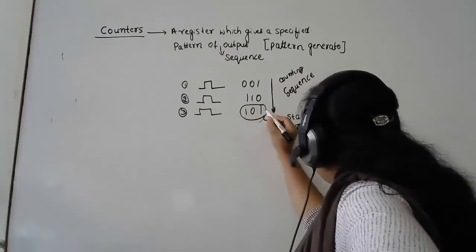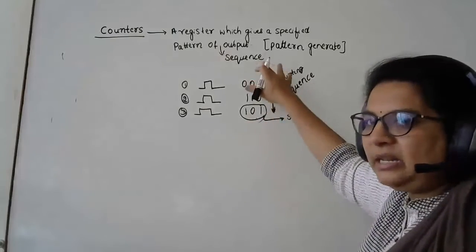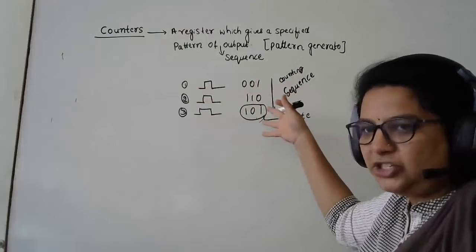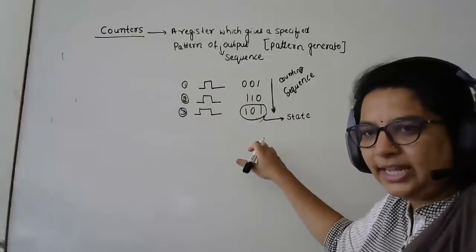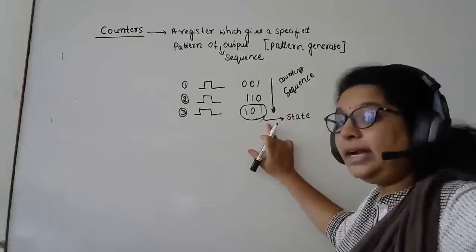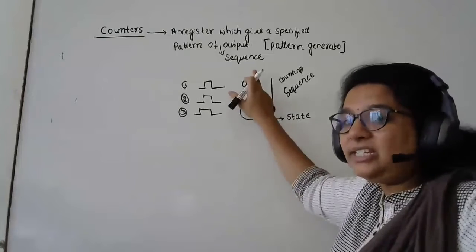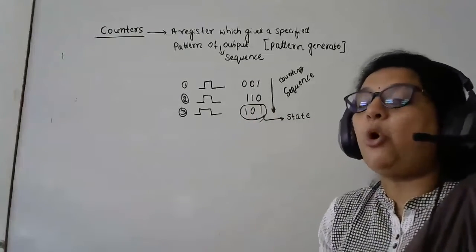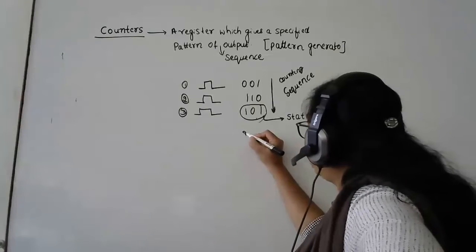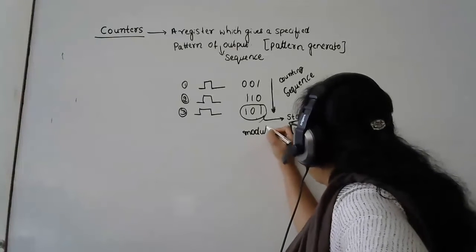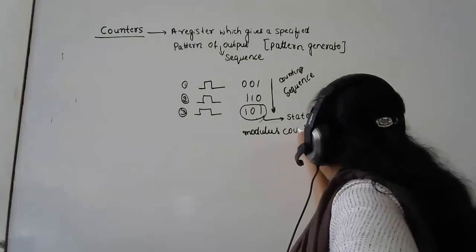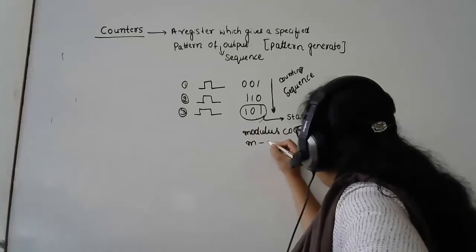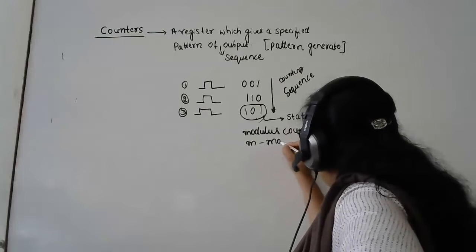Each specific output is called a state, and multiple such states keep on changing with every clock pulse, so I call it a counting sequence. And how many such states are there? Depending upon that, I'll say it is that many mod counter. So I call it a modulus counter.